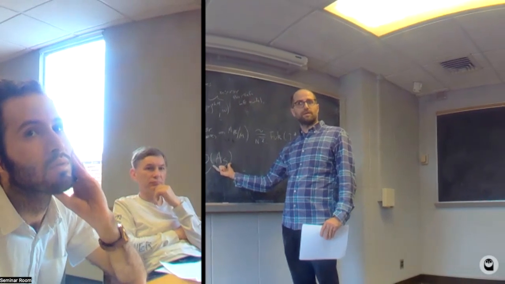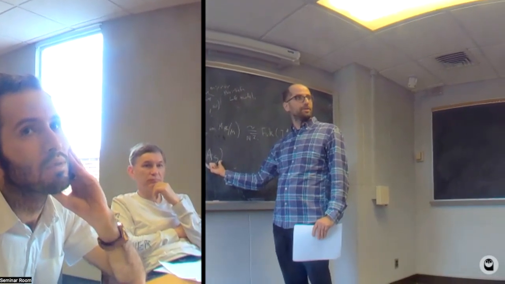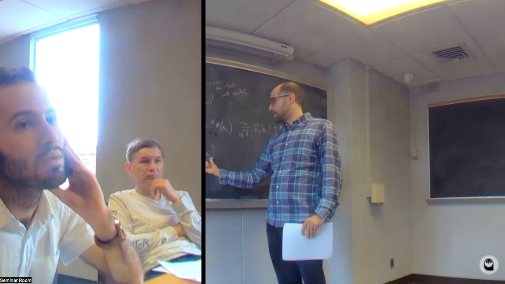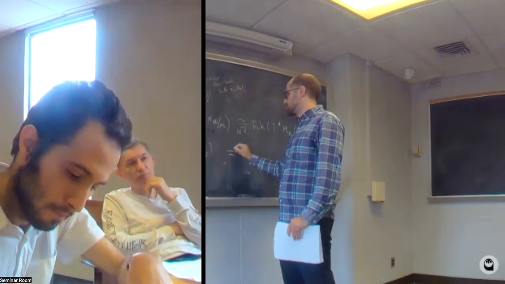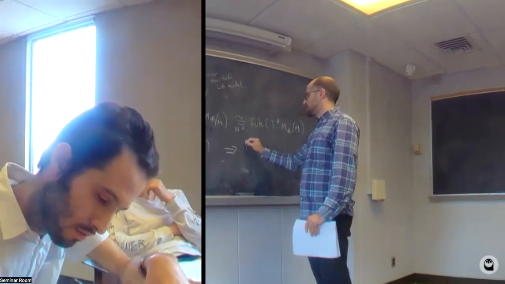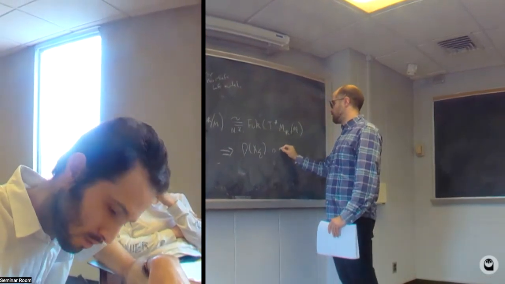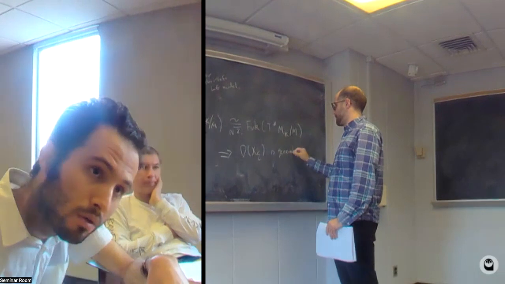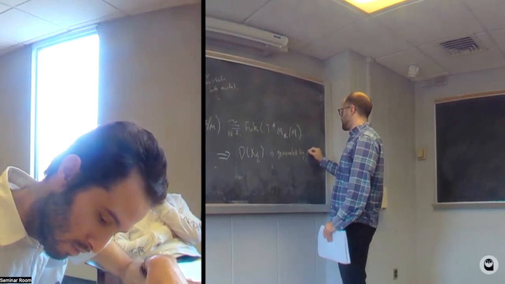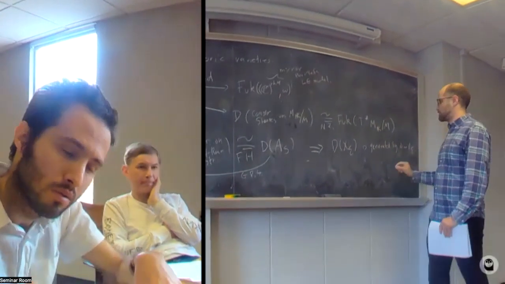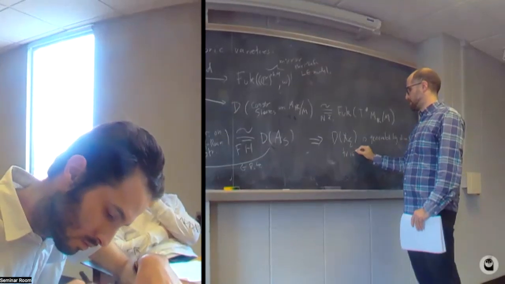So I wanted to understand this global dimension. And this actually implies that the derived category of X sigma is generated by dimension X sigma triangles.